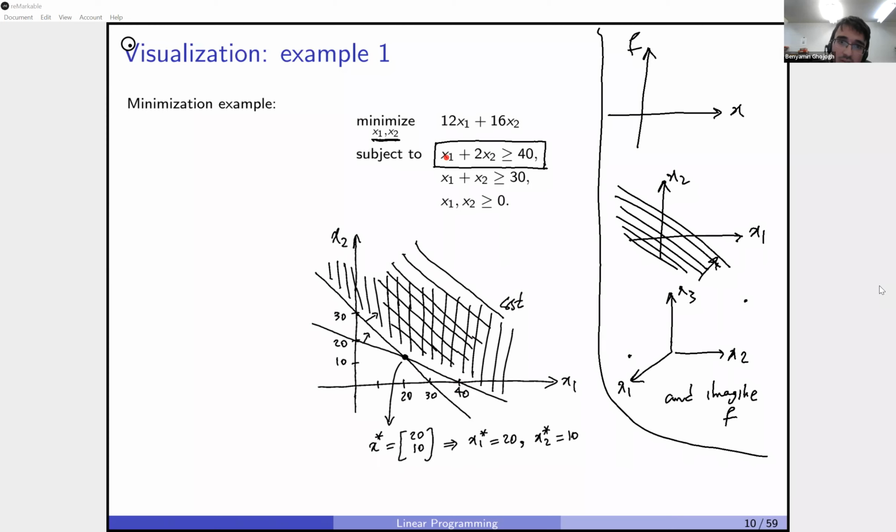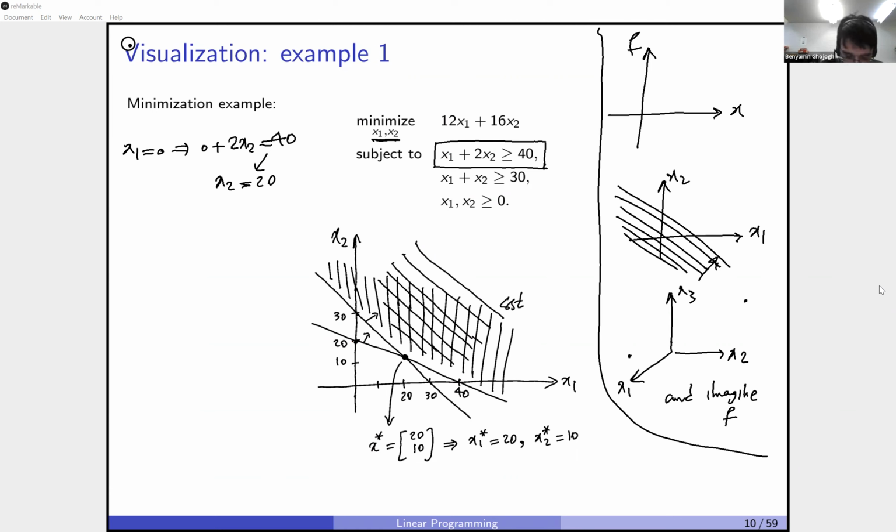First, I put x1 to 0, so x1 is 0. Then we'll have 0 plus 2x2. Consider this inequality as equality for now. Then we will take care of the inequality. Then x2 becomes 20. It means that when x1 is 0, x2 is 20. We are here.